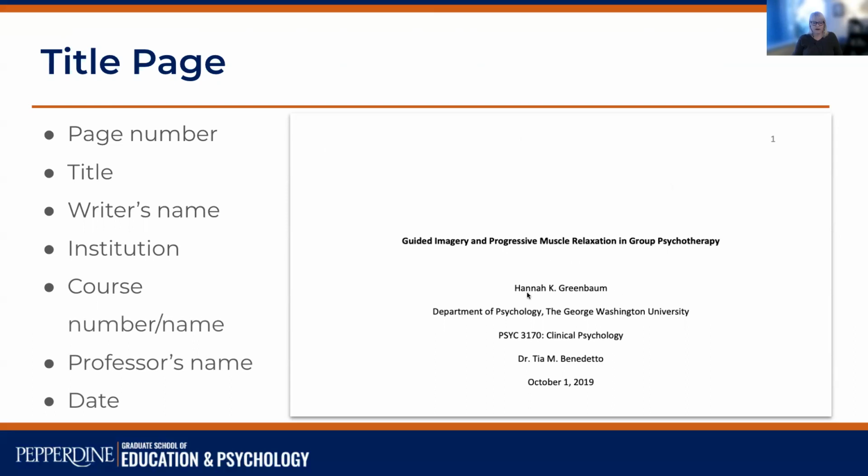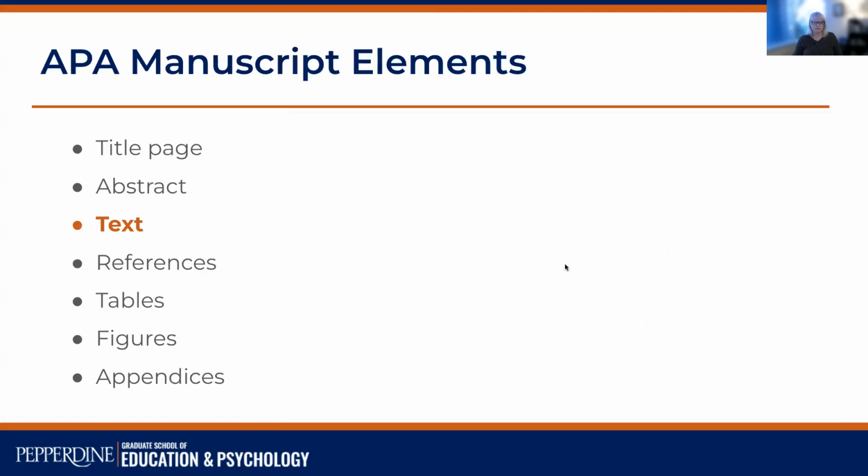Then you have your name, your school, your course and the course name, your professor's name, and the date. And notice that all of this is in double spacing. The whole APA document is double spaced. There are just a few extra blank lines on the title page, including one here between the title and your name.